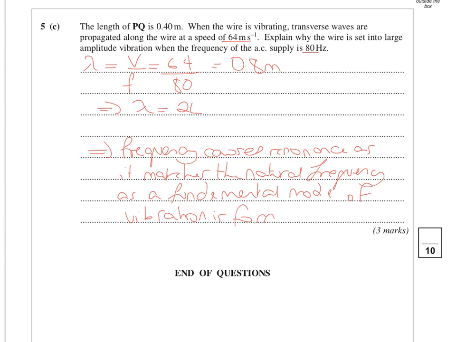So this is actually a mixture of resonance and stationary wave question here. The key things you're looking for are showing the wavelength is 2L, so we're causing resonance because it's at the natural frequency, and what you've got is the fundamental mode of vibration or the first harmonic. And that concludes this paper.